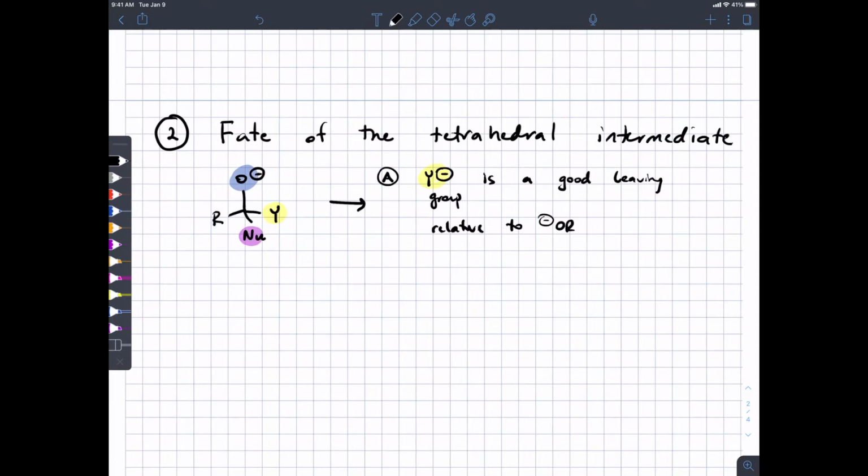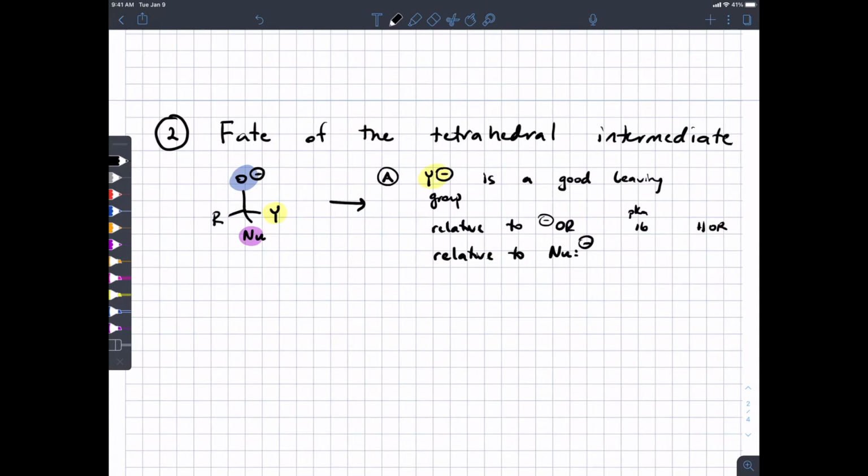Again, you can use your pKa intuition. The conjugate acid of a negatively charged oxygen is an alcohol, pKa of 16. So Y groups that have conjugate acids with pKa's less than 16 are good leaving groups relative to a negatively charged oxygen. The second issue is, is the Y group a good leaving group relative to the nucleophile?